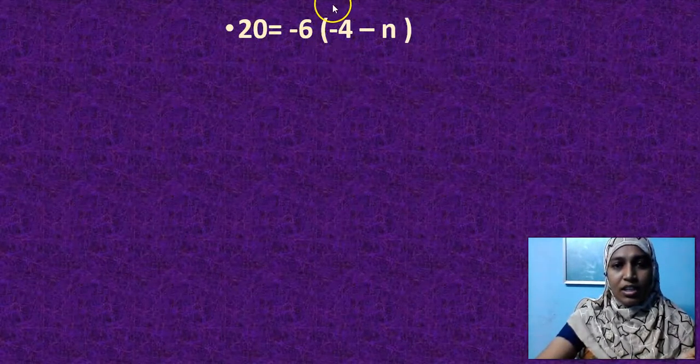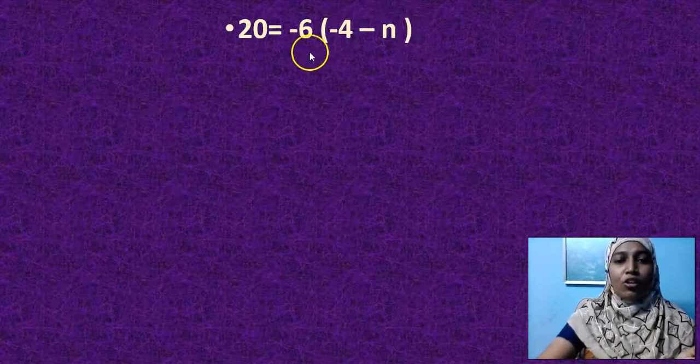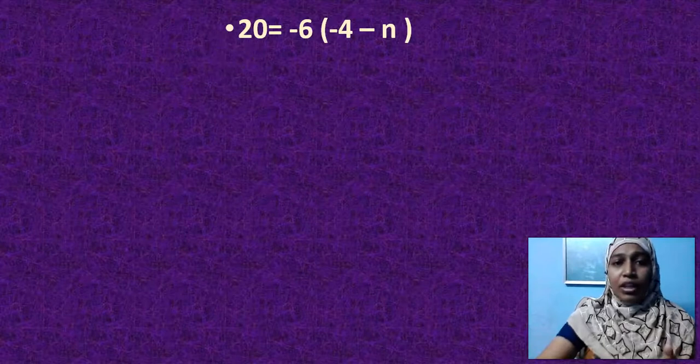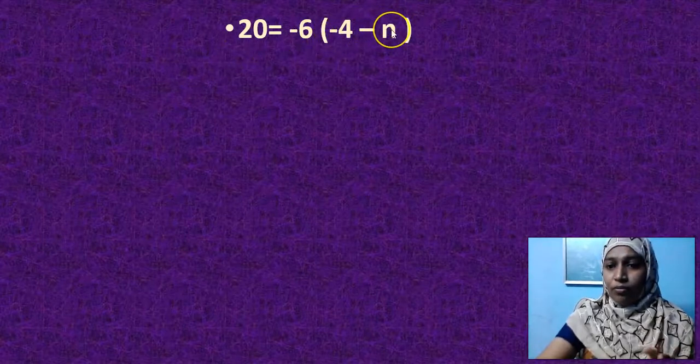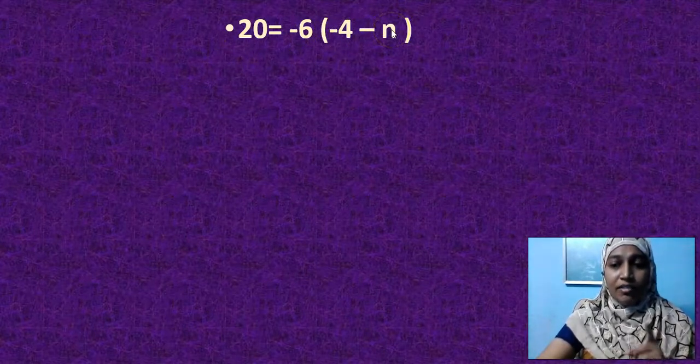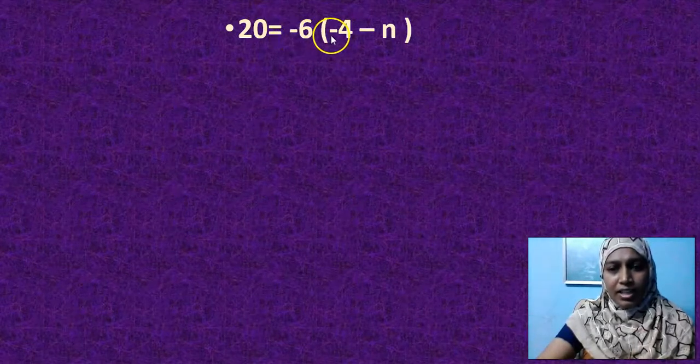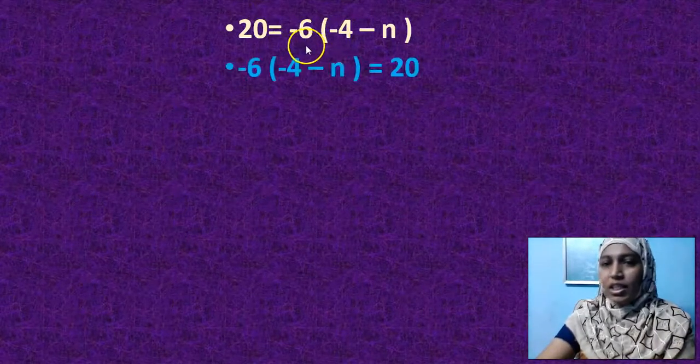Whatever is in the RHS, I am going to take it to the LHS. It doesn't mean that I am going to change the sign of everything. Don't make that mistake. I have seen in your classwork, a few of you have made that mistake. Just write as it is. Don't change anything in it.